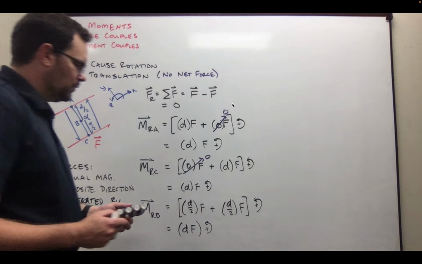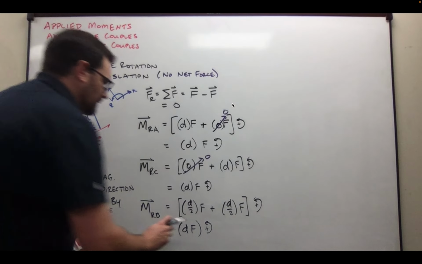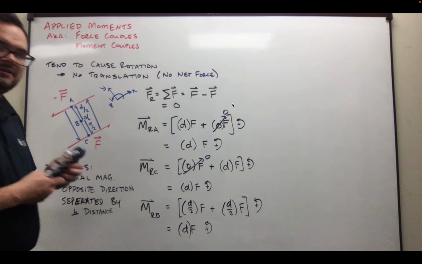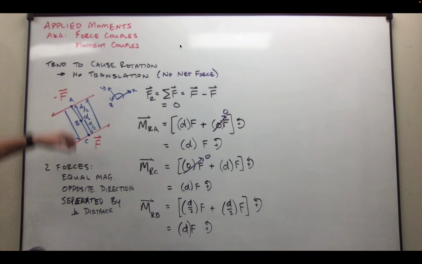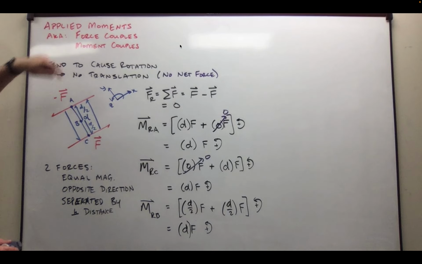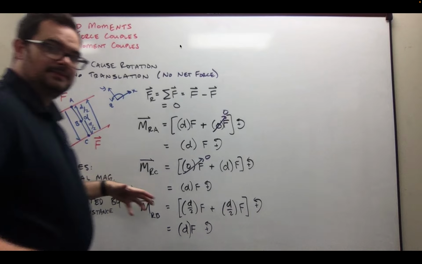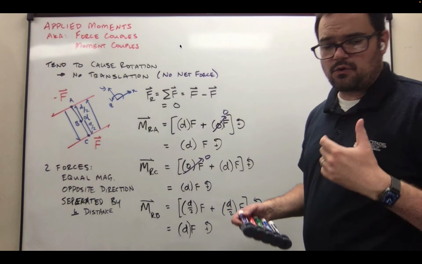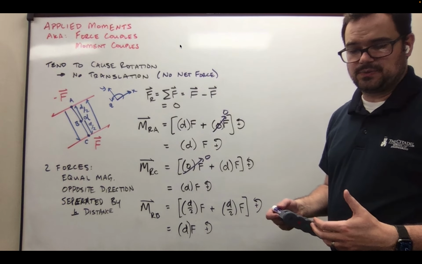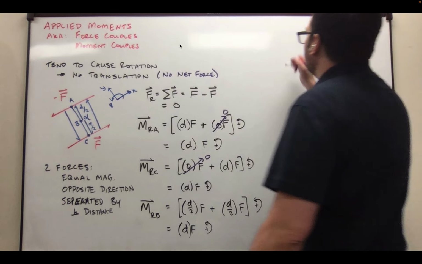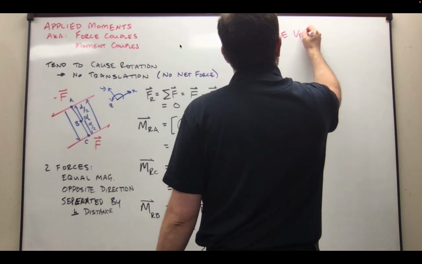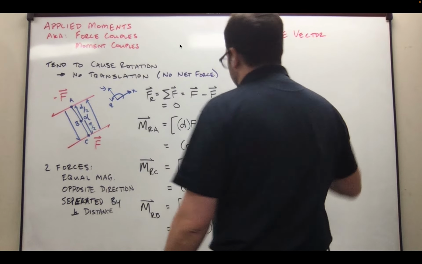And so the cool thing about this is that no matter where we sum our moments about, an applied moment, a force couple, or a moment couple, it's all the same idea, is going to have one moment no matter where we sum our moments about. And this is really exciting to us, because what this means is that we can call this applied moment a free vector.